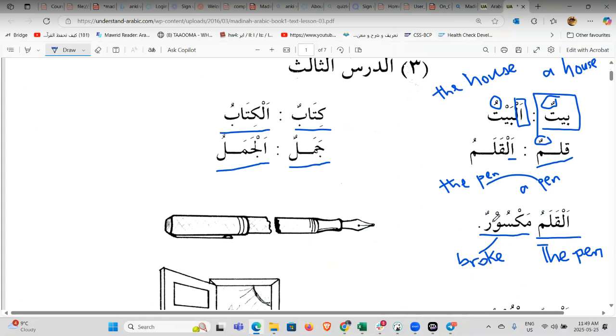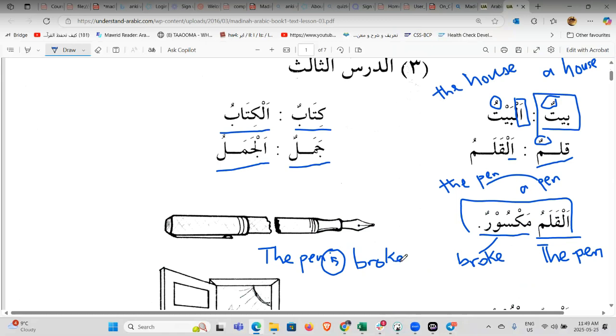So the whole thing, you can translate it as the pen is broken. So you notice that in Arabic, we don't have this is, but it's implied because of the structure of the sentence.